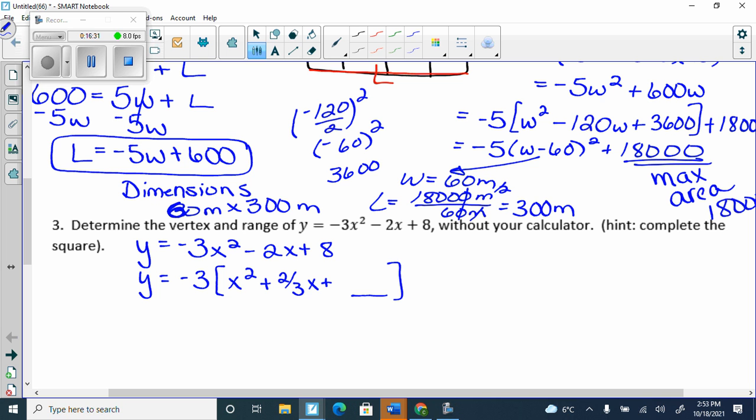And then we got a minus something. And then we got an 8. Okay, let's figure out something. So we're going to go b. It's still 2 divided by 3, and I still believe you can do it. So we go 2 divided by 3. That's b. Divided by 2, and then I square it. What's 2 over 3 divided by 2?